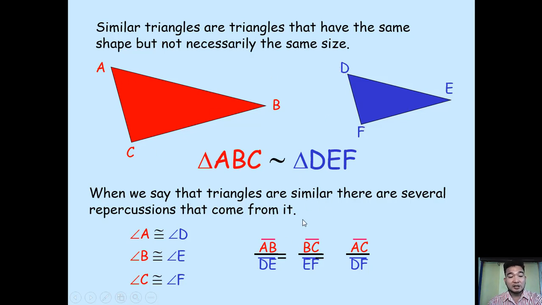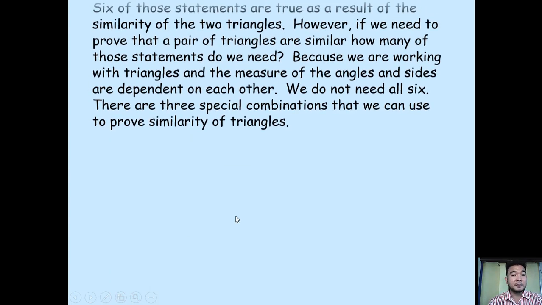So these are the consequences that come from two triangles which are similar.